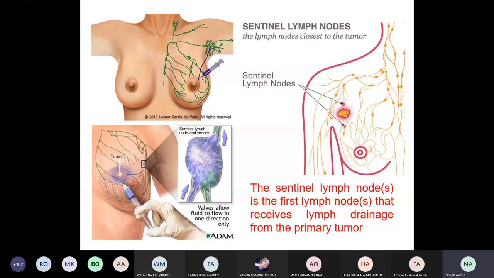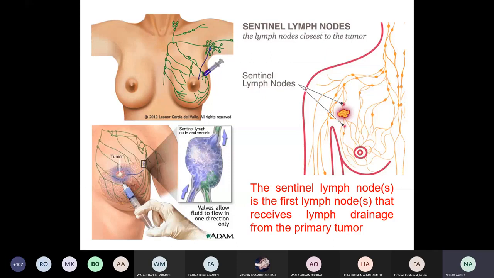There is a technique or procedure called sentinel lymph node check, or exam. The sentinel lymph node is the very first lymph node to receive drainage from the tumor. Okay, meaning the first lymph node surrounding the tumor, we call it the sentinel lymph node.